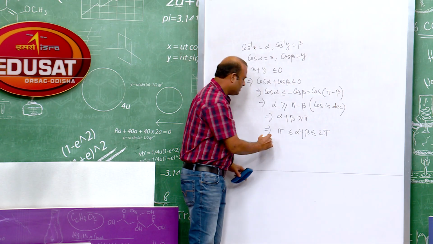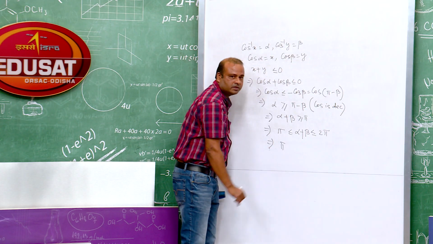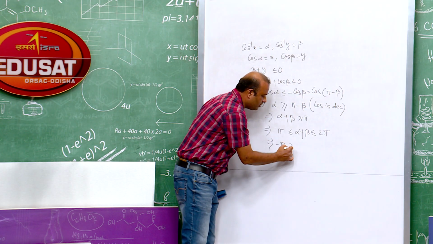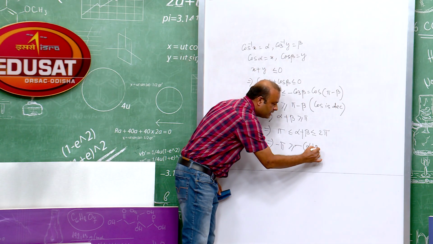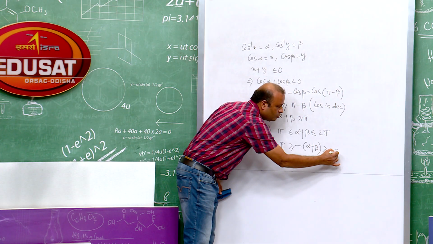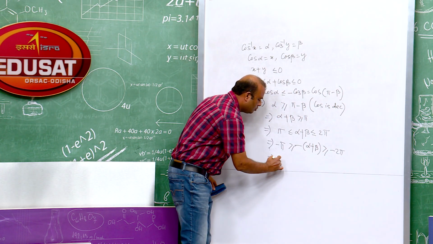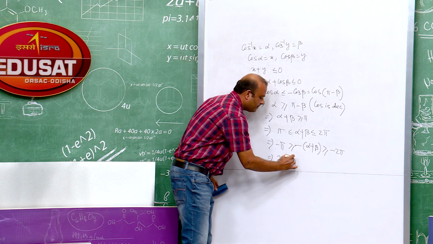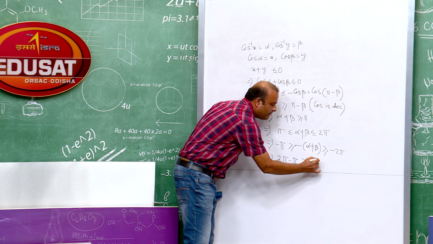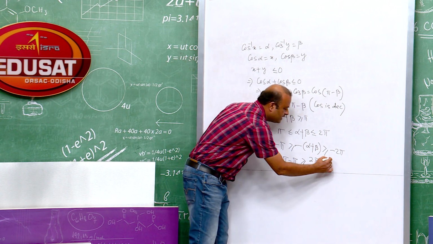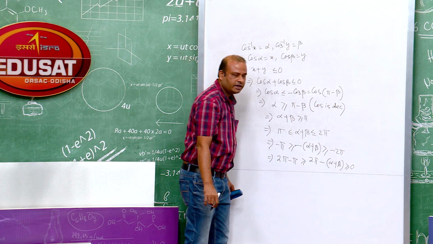So, this implies minus pi greater than equal to minus alpha plus beta greater than equal to minus 2 pi. So, this implies 2 pi minus pi greater than equal to 2 pi minus alpha plus beta greater than equal to 0, right?